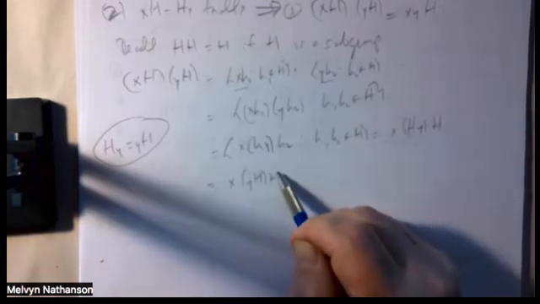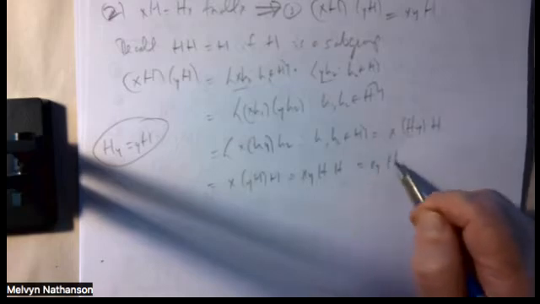So in particular, Hy equals yH. So I plug that in here. This is x times yH times H. That's xy times H H. But H times H is H. So this is xy times H. And that's the end of the proof of that part. So that says 2 implies 3.